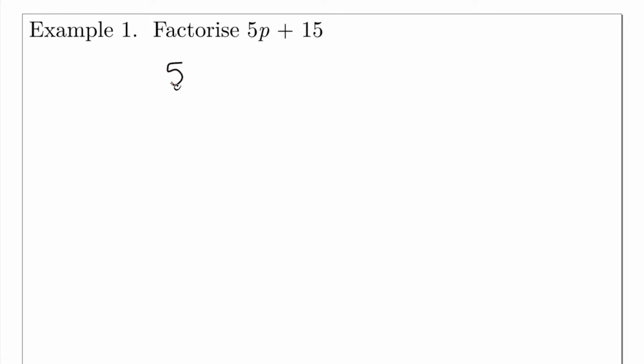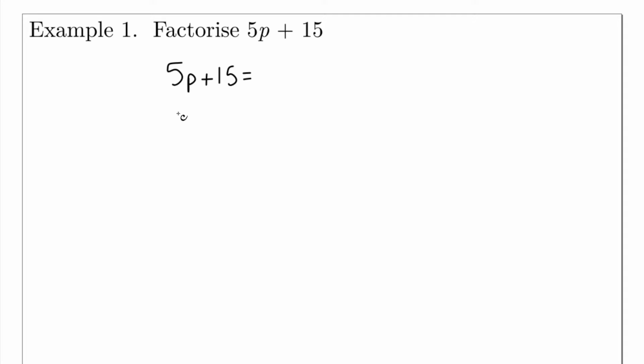We have 5p plus 15. And so in this expression you see that we have 5 multiplied by p and 15. And we can break these two terms down into the factors.